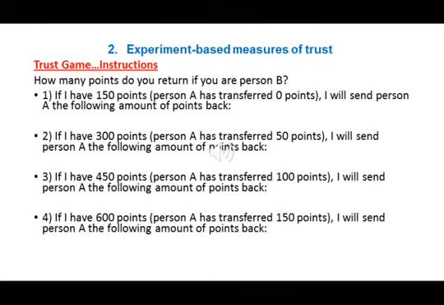So here we are measuring his level of trust in B, and we are measuring his trustworthiness as person B, given the 4 possibilities of the number of points that the other person might have sent him in the first phase.